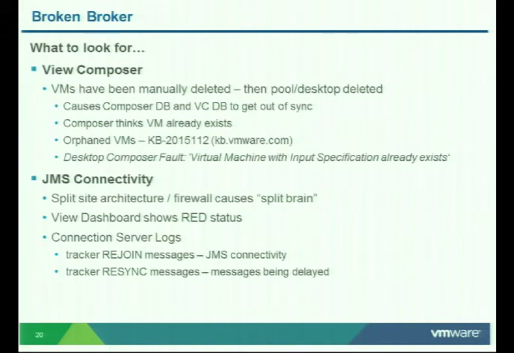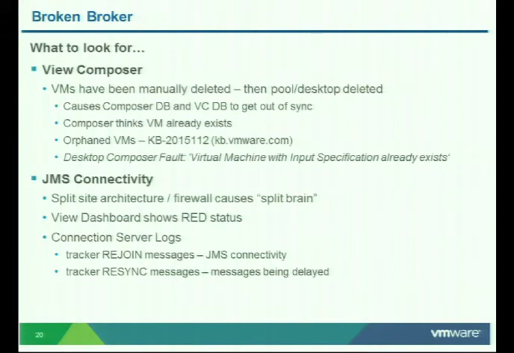But it happens, and when it does happen, essentially the View Composer database gets out of sync with vCenter. And then Composer gets very confused, and we get some corruption in the Composer database. We start to get orphan VMs, and essentially Composer could potentially stop provisioning VMs because it thinks that a VM exists in the View Composer database, but it doesn't in Virtual Center.